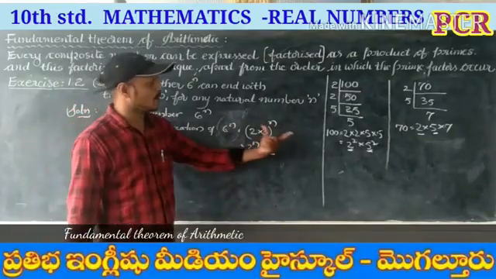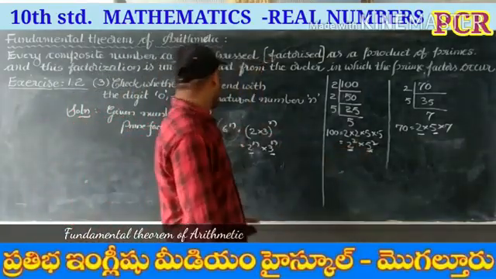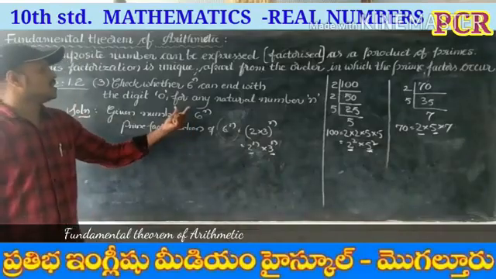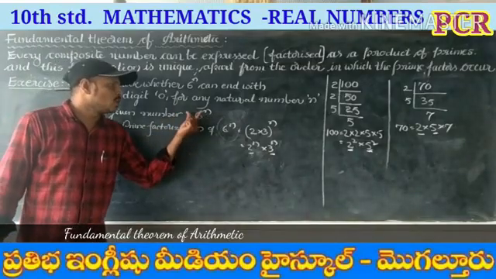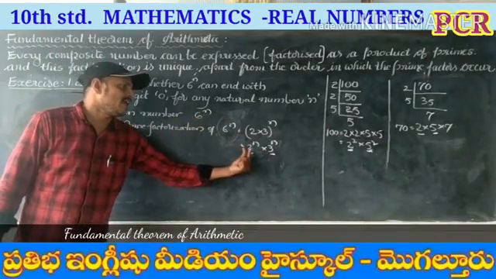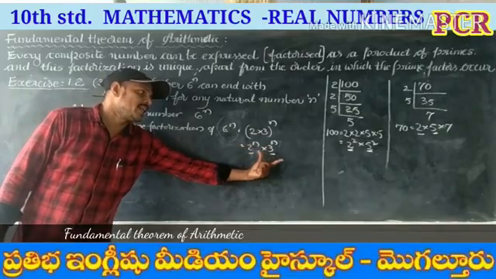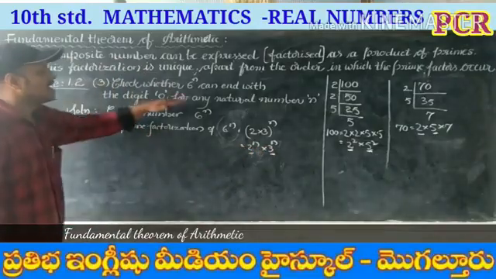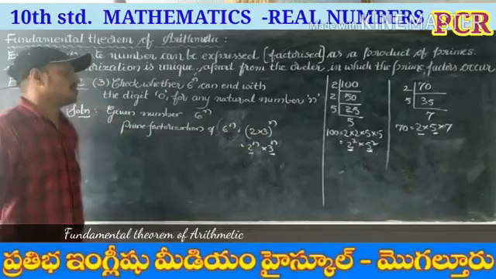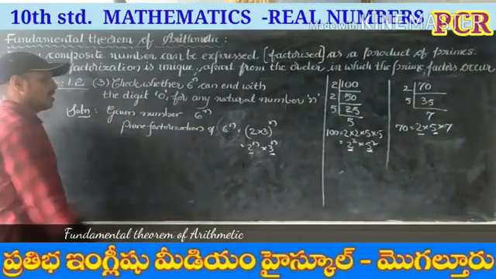That's why there is no 5. To end with 0, 6 power n must have 2 and 5, but there is no 5 here. That's why it does not end with 0 for any natural number n.